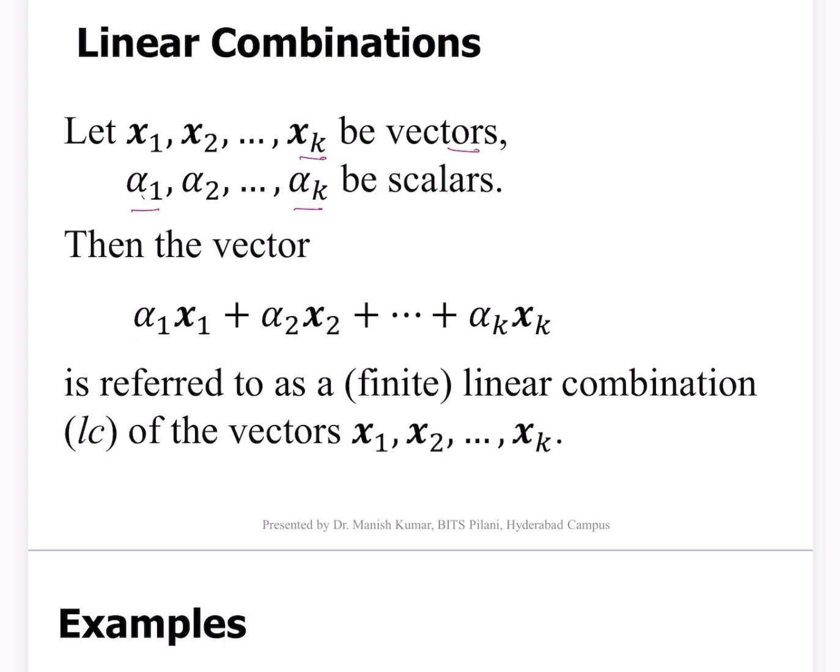Then the vector alpha 1 x1 plus alpha 2 x2 and so on up to alpha k xk can also be written in compact notation as the summation of alpha i xi, with i running from 1 to k. This is referred to as a finite linear combination, because k is finite, of the vectors x1, x2, up to xk.